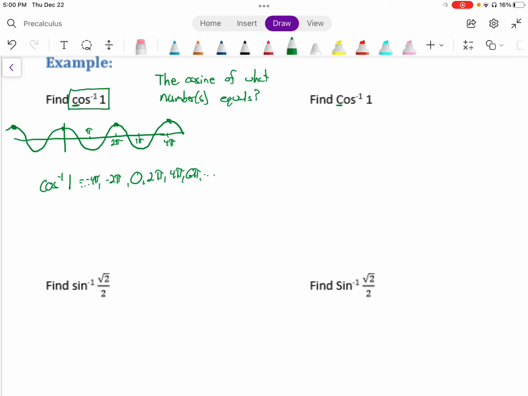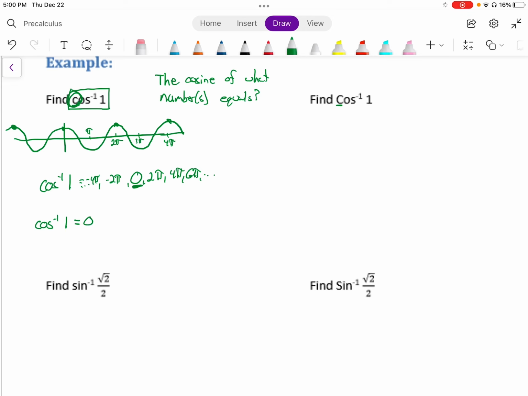Well, there's a better way to write that, and that's what we want to do here. So inverse cosine of 1, using this lowercase c, because it's asking for all solutions, is, we might say, start with 0 because that's our first one.